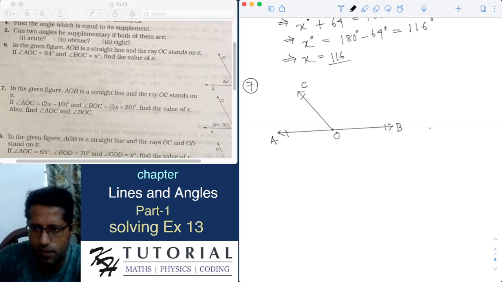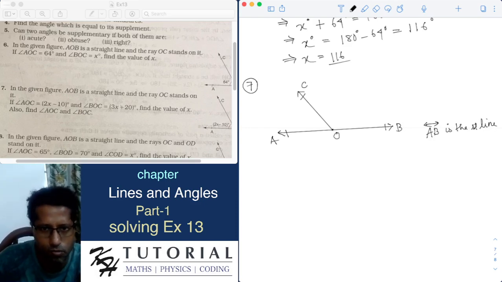Actually, it is trying to say that AB is the straight line, and ray OC stands on it.